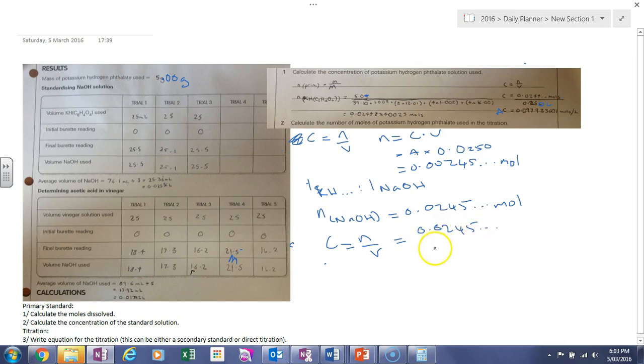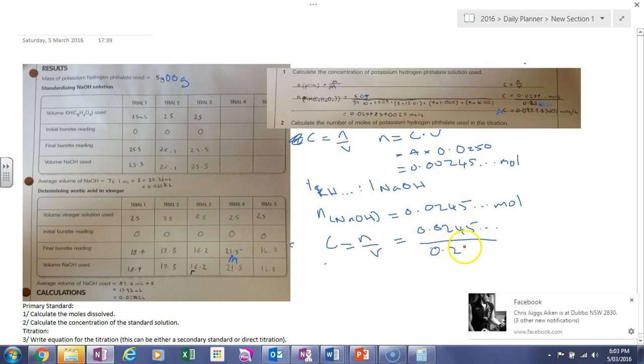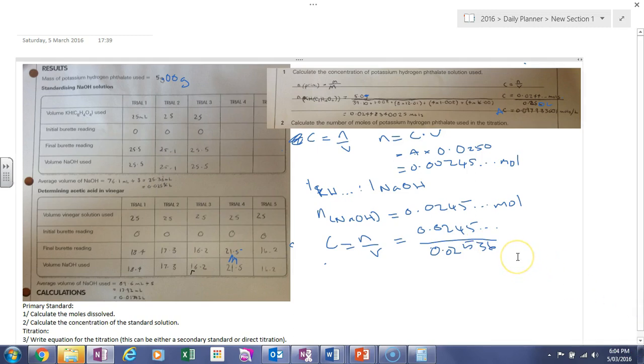0.0245... divided by, and we take it from our number over here, and that is 0.02536, that's our volume.